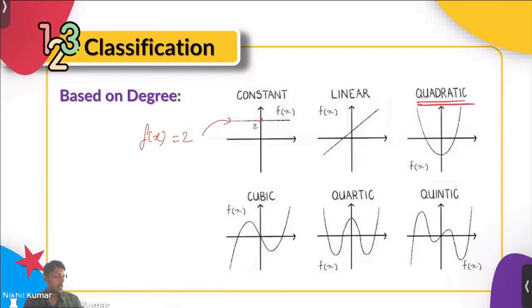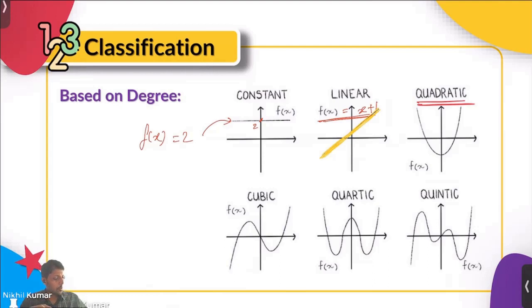What about this linear polynomial? Let's say it's something like x plus 1. It may not be exactly this, but this polynomial is represented by this line. I'm going to draw it with yellow. This is how the graph of a linear polynomial looks.